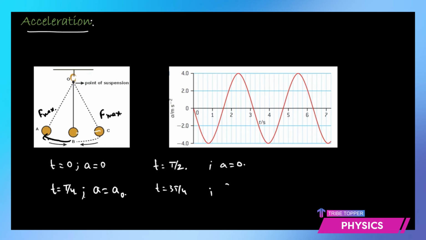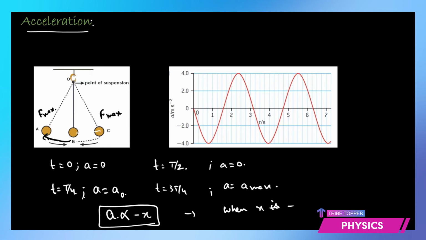So your acceleration, how does it vary? But you have to understand one thing, that the acceleration, as we talked about in simple harmonic motion, is proportional to negative of x. This would just indicate that when x is positive and maximum, then your acceleration A is negative and maximum. So if we say our x is positive, this starts with 0, then at the maximum position or on the top position of x, your corresponding acceleration would be negative max.